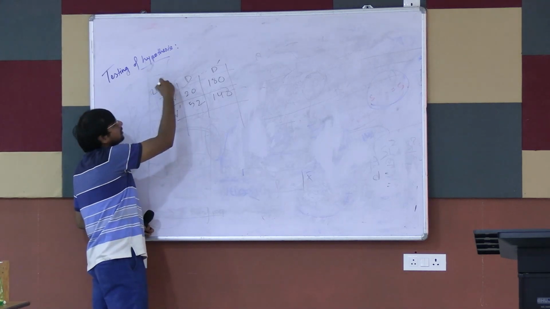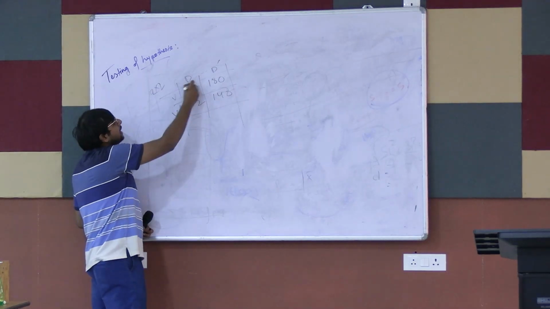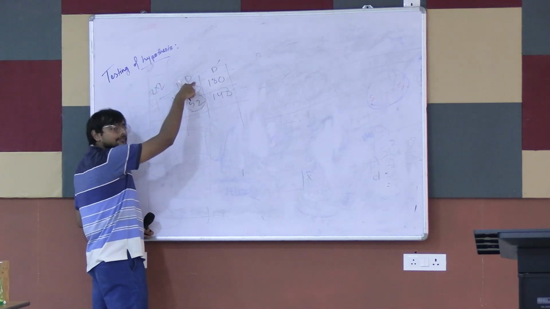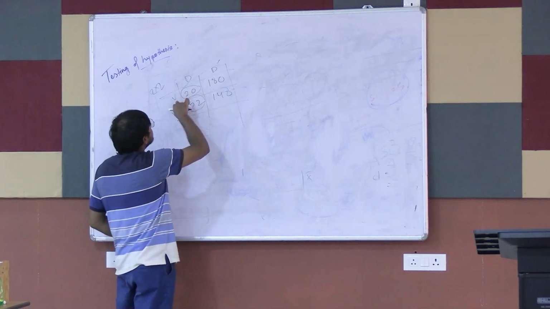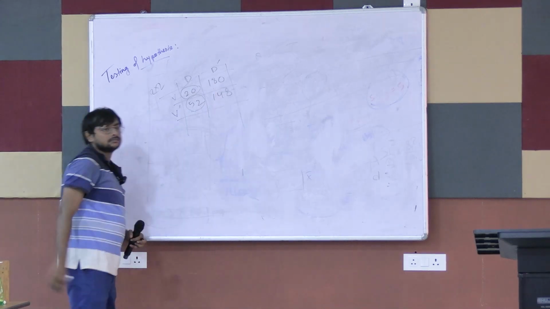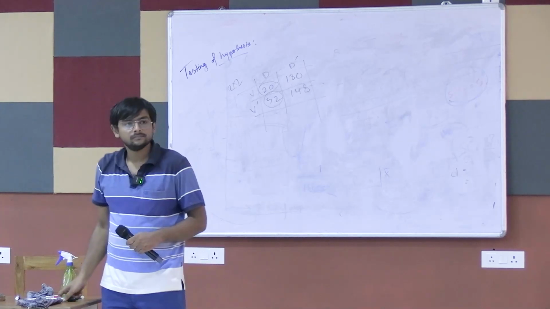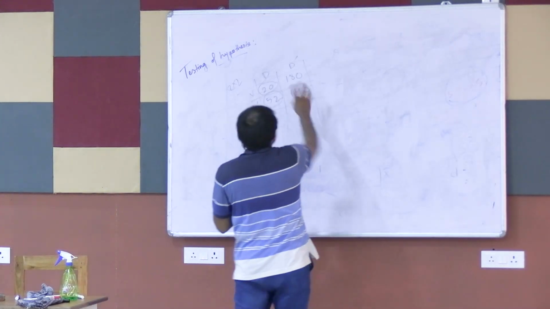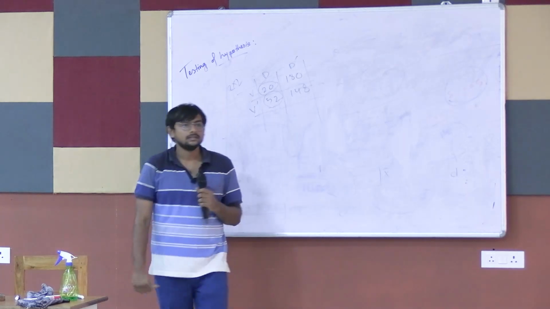This is a 2 by 2 table. 20 people who are vaccinated have the disease, 52 people who are not vaccinated have the disease, 180 people who are vaccinated don't have the disease, 148 people who are not vaccinated don't have the disease. Understandable? 20, 180, 52, 148.